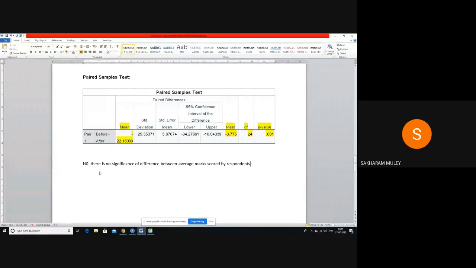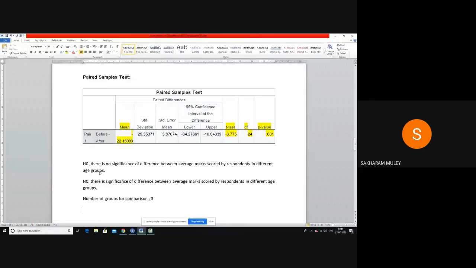marks scored by respondents in different age groups. Okay, so I want my alternate hypothesis to be there is a significance. Now what about the number of groups? The number of groups for comparison is 3, because we have 3 age groups.